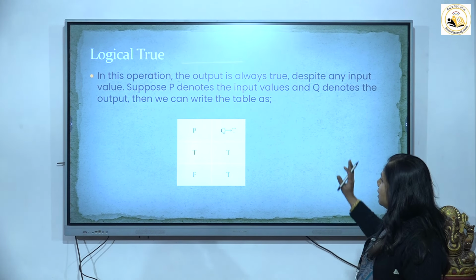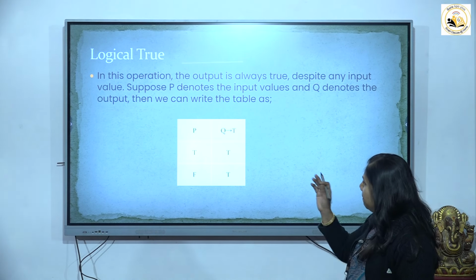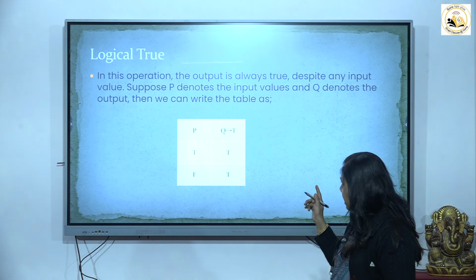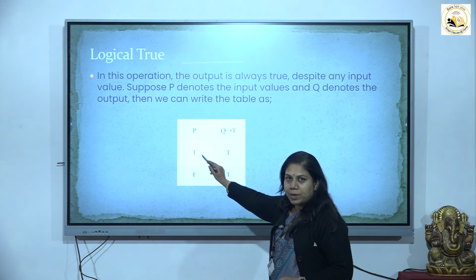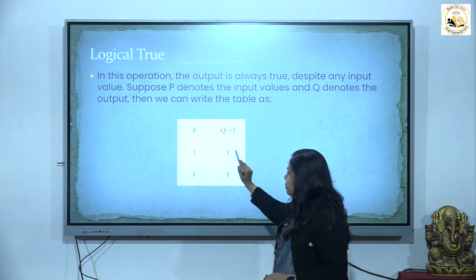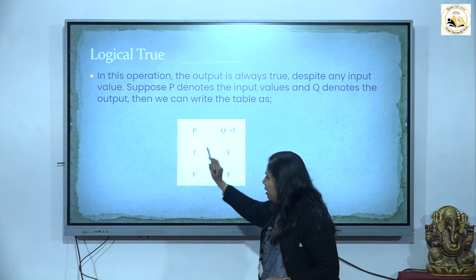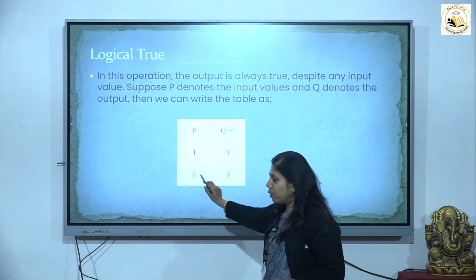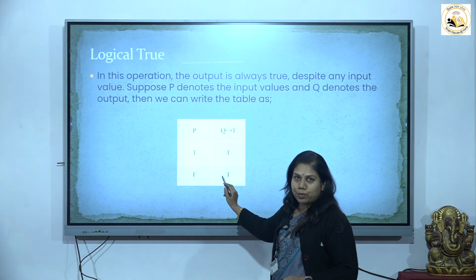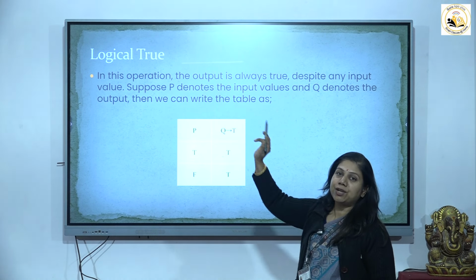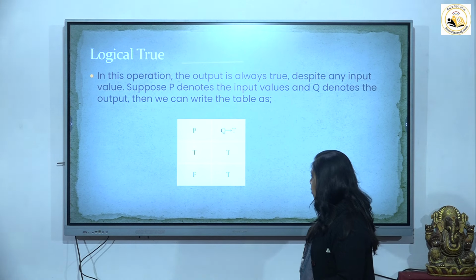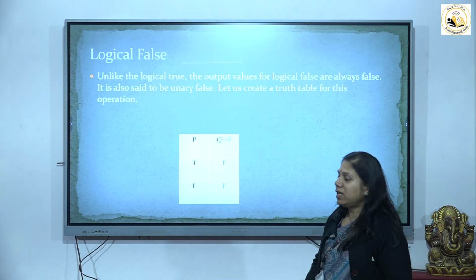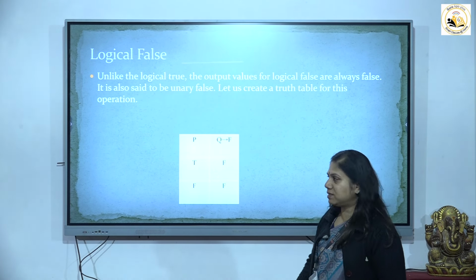Suppose P denotes the input values and Q denotes the output, then we can write the table as P when it is true gives true value, P when its value is false also gives the true value because it is logically true.